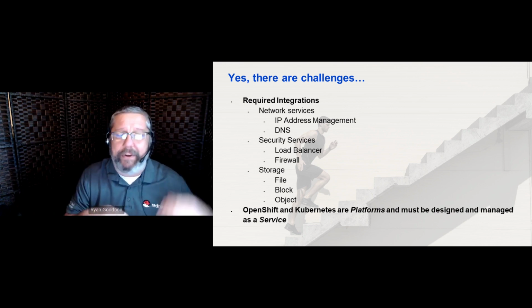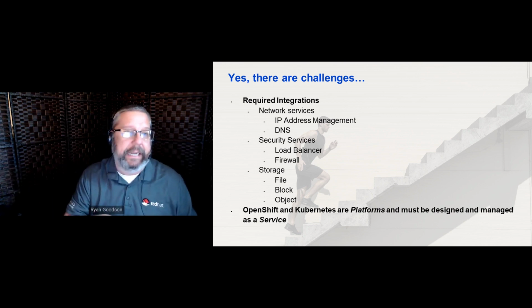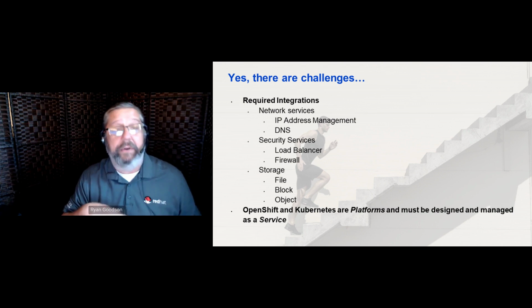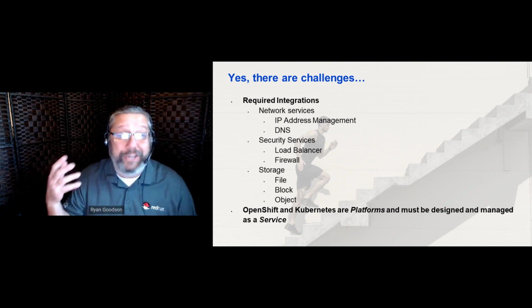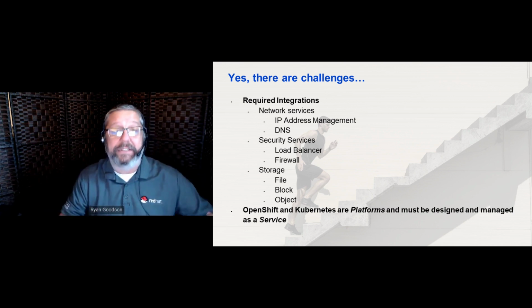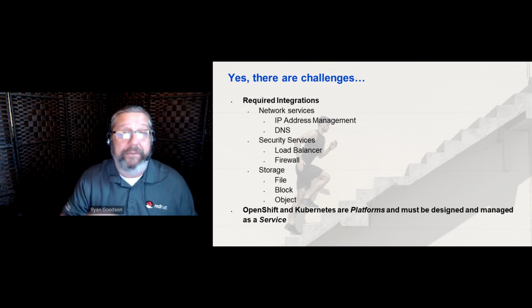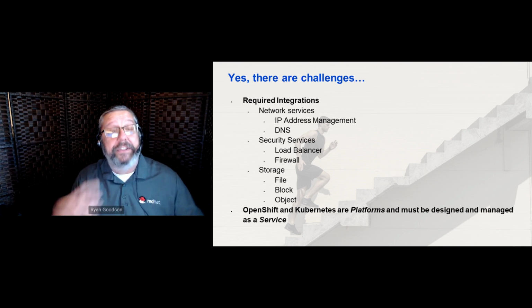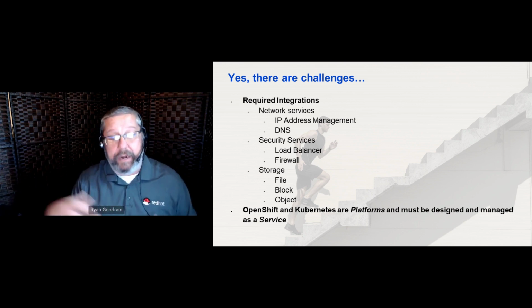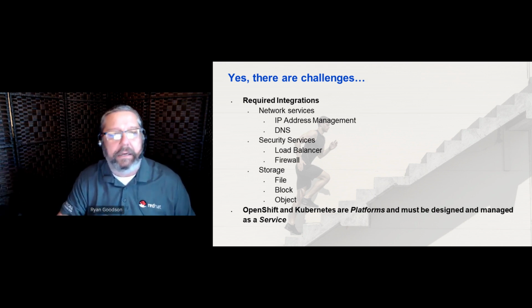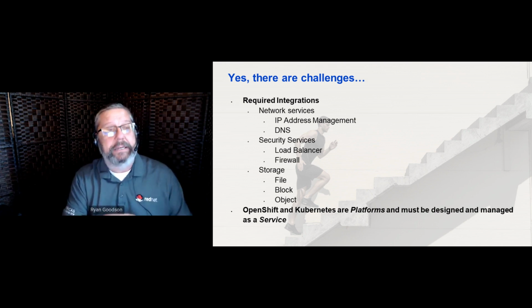And so, it's everything from IP address management, DNS, to load balancers and firewalls, but also integration with storage, whether it's file storage, which is what most people are using today, block for those high performance pieces, and the move to object storage, which allows really getting into that cloud native ideal from the storage aspect.